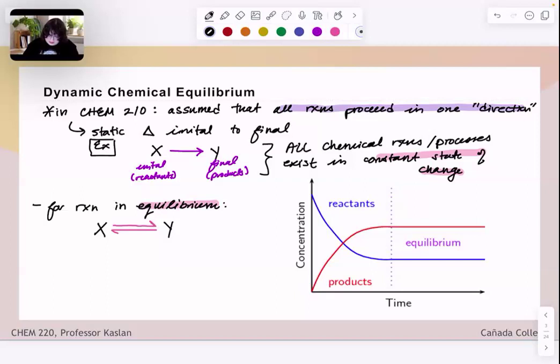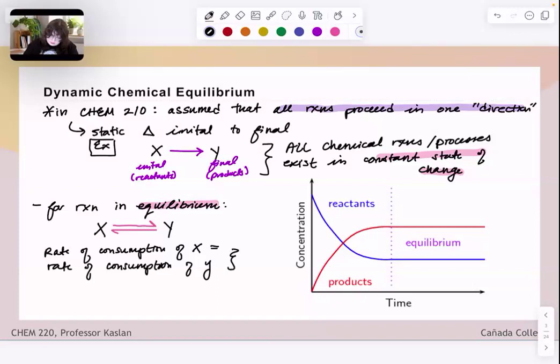We would say that the rate of consumption of X has to be equal to the rate of consumption of Y when we reach equilibrium.